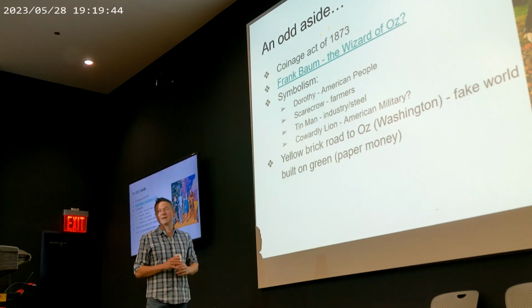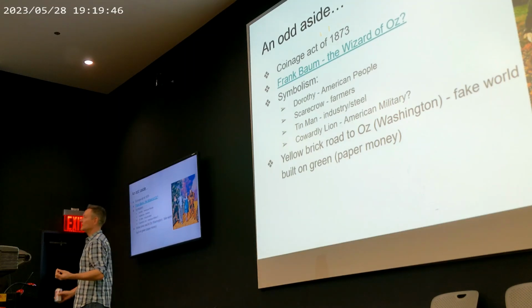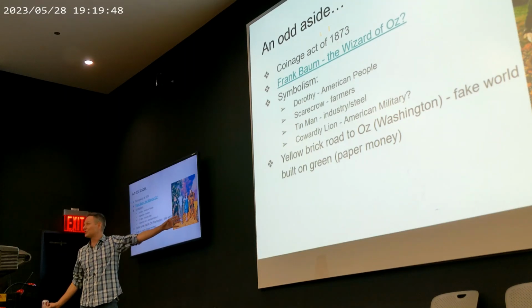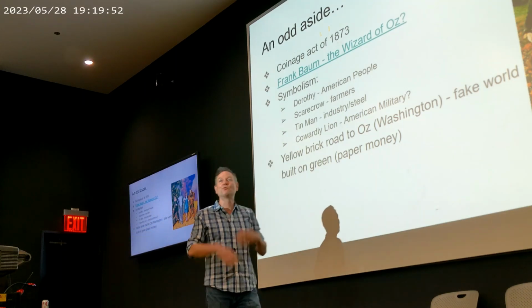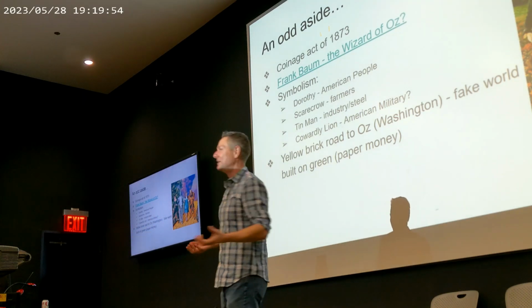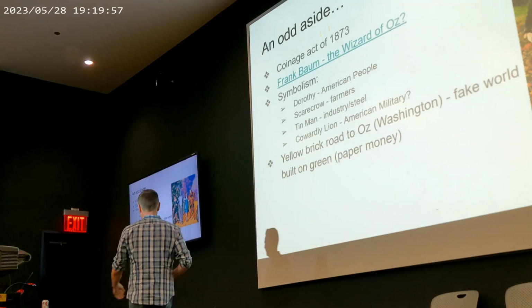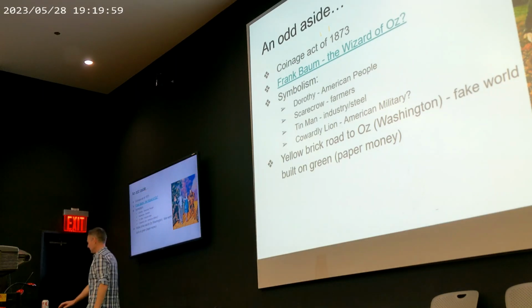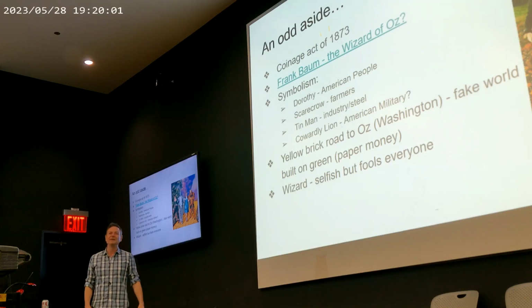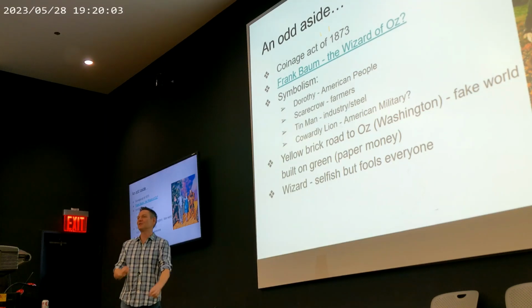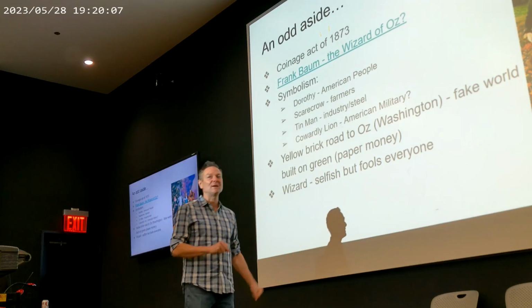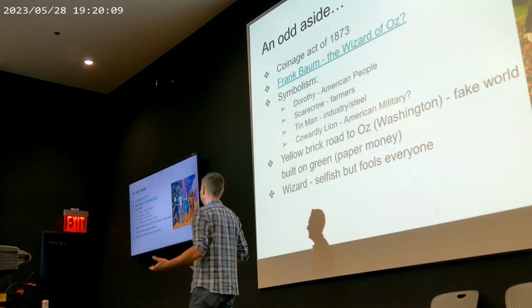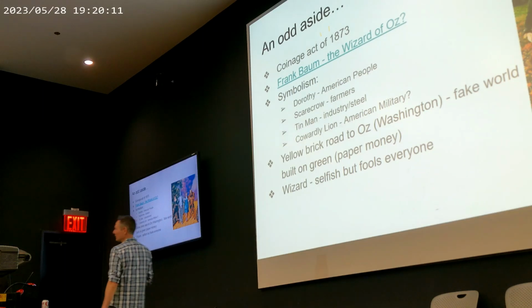So they all have these interests that they're concerned about, and so they follow this yellow brick or gold road to Oz, which is the Emerald City. Everything is green. It's this fake world built on green paper money, right? So they all go there to meet the wizard, who tries to be benevolent, and he says, oh, I'm really worried about your well-being and all that, but he's actually quite selfish, but fools everyone.